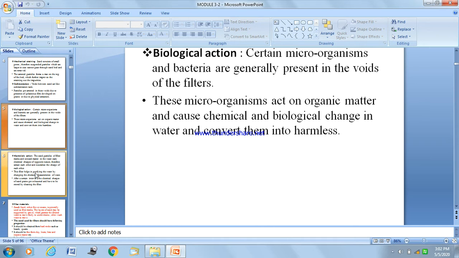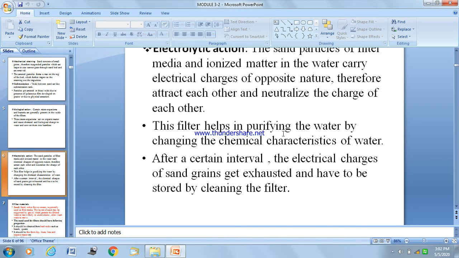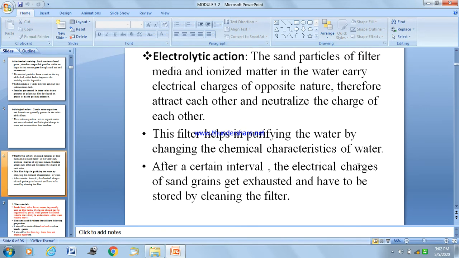We will go for the next topic, that is electrolytic action. In the electrolytic action, the sand particles' behavior can be explained by the ionic theory. Two substances with opposite electric charges are brought into contact with each other, so they get neutralized and new chemical substances are formed.